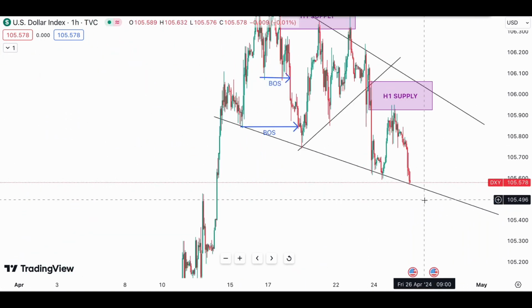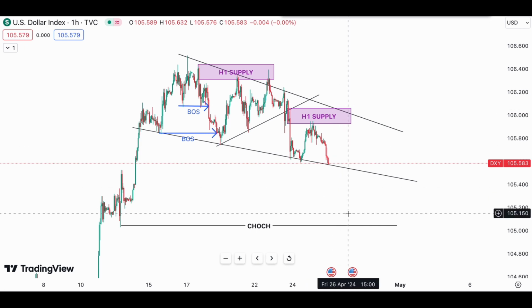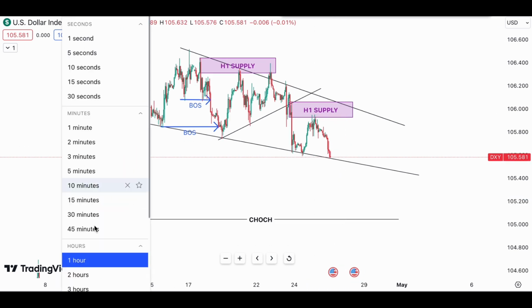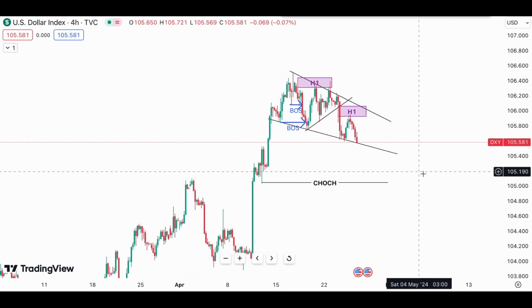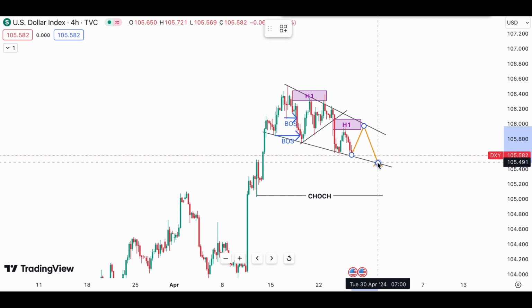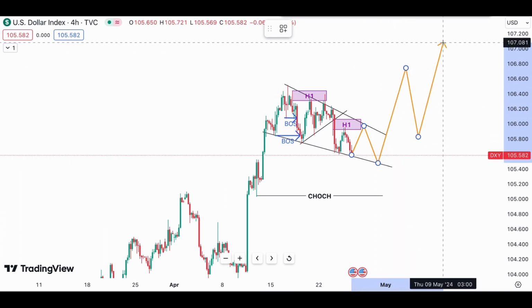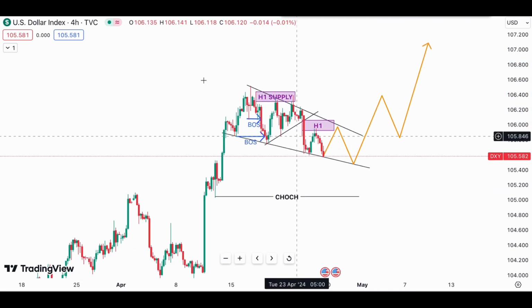So in the short term, DXY should keep falling down. But in the long term, the DXY is still strong, because in H4 it might be doing another pattern like this, a breakout or even higher. This is just one of the assumptions.